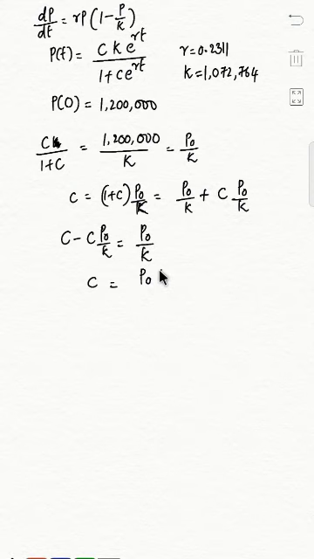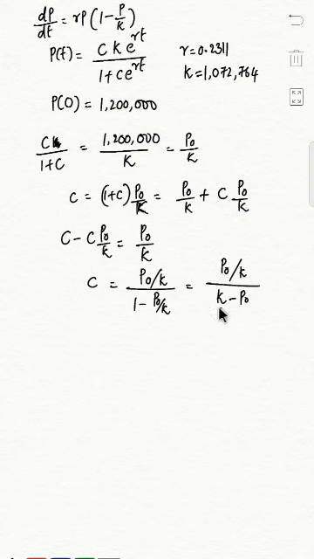So C is P naught by K divided by (1 minus P naught by K), that is P naught by (K minus P naught).